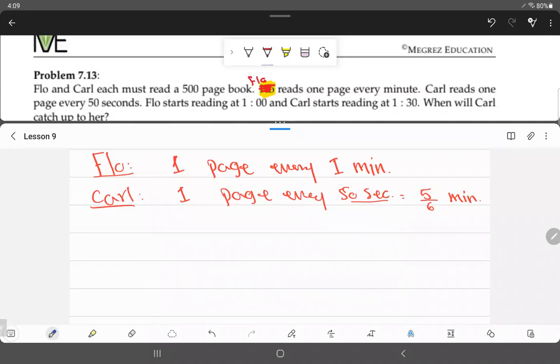The job of Flo over the time is going to be equal to K, which is the rate in this case. So K is 1 over 1, which is 1 page per minute.